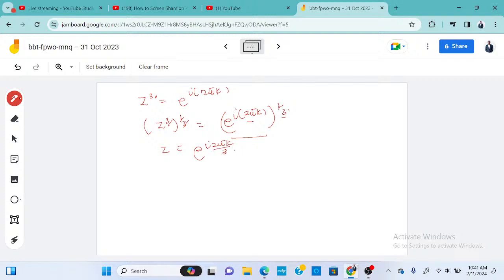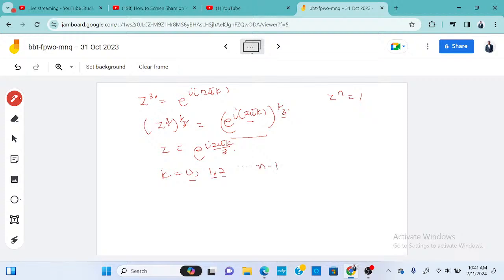Depending on the number of revolutions, we get all the roots of z. Now, the value of k starts from 0, 1, 2, up to n minus 1. So assuming you have a general z to the power n equal to 1, k will have the value 0, 1, 2 to n minus 1.